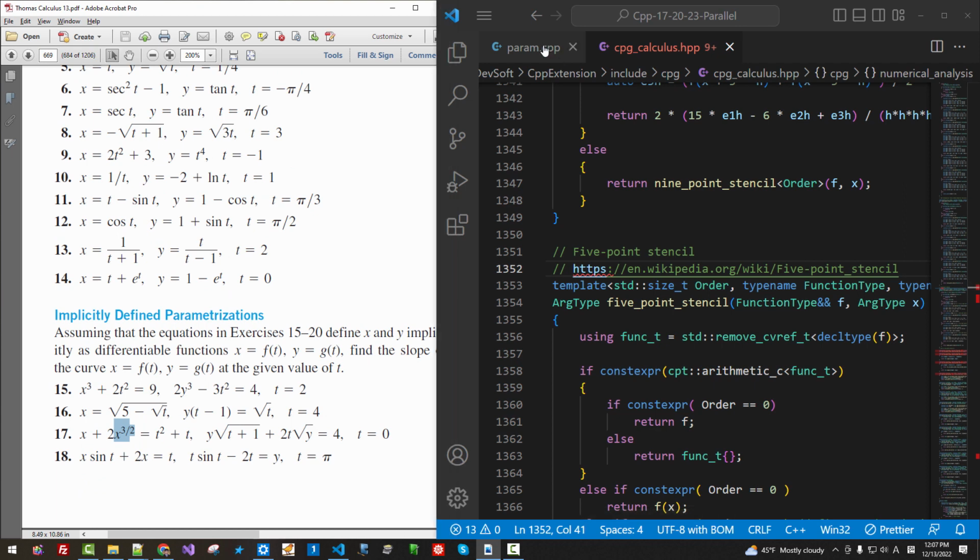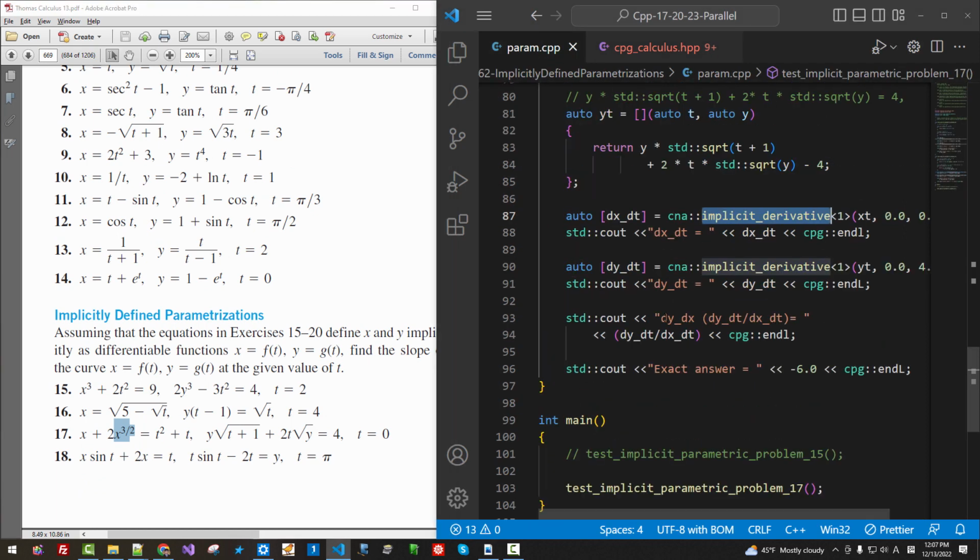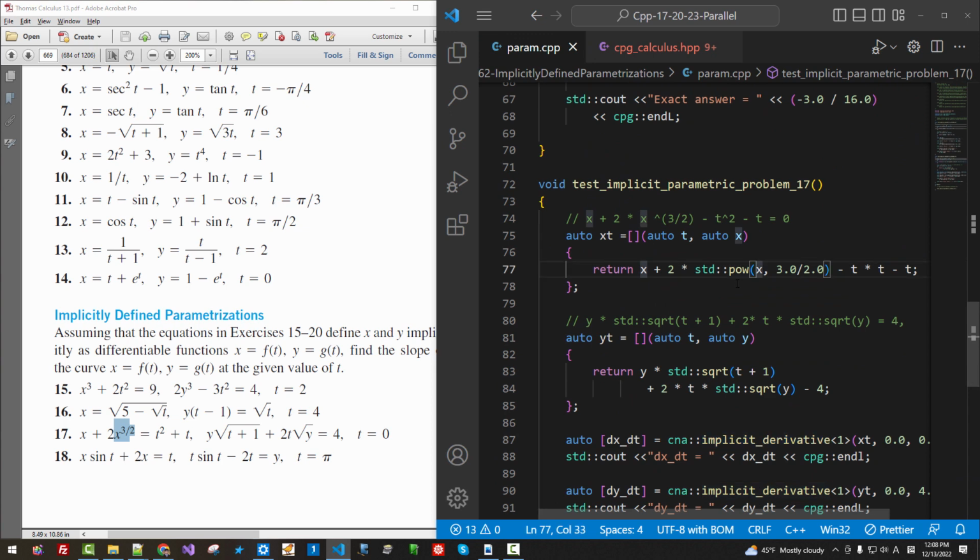In our source code, we use power x 3.0 over 2.0. This x should be greater than or equal to 0.